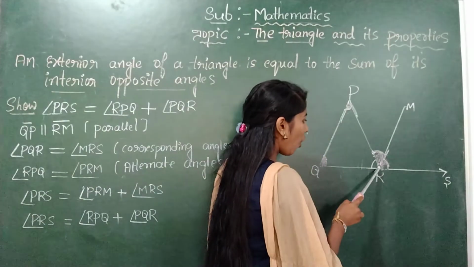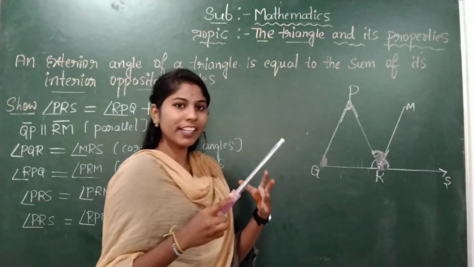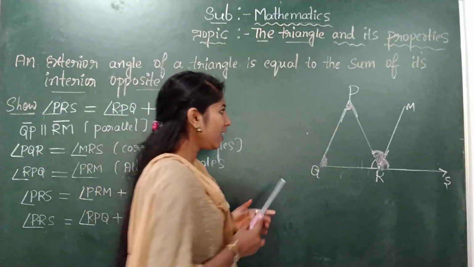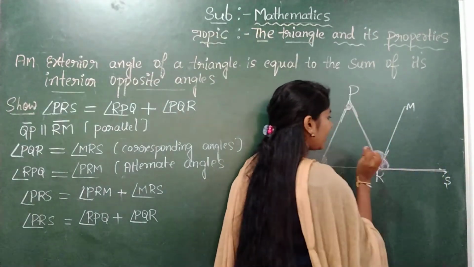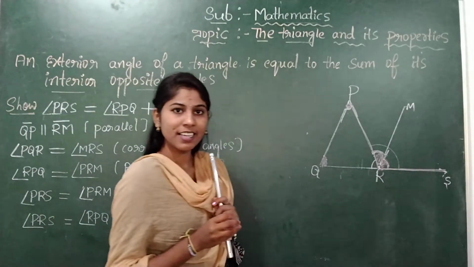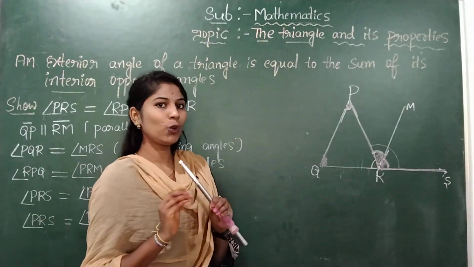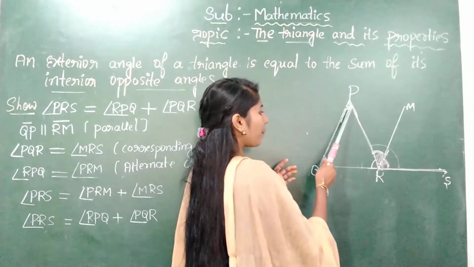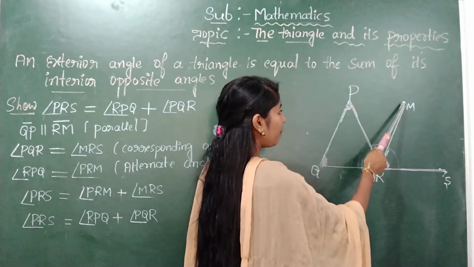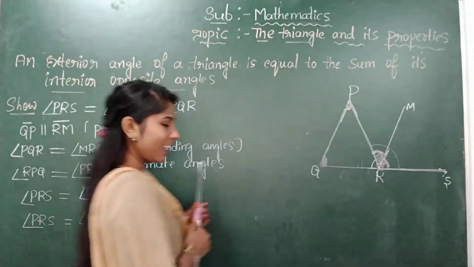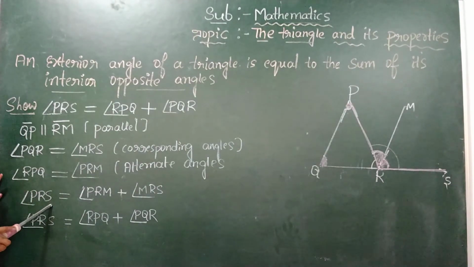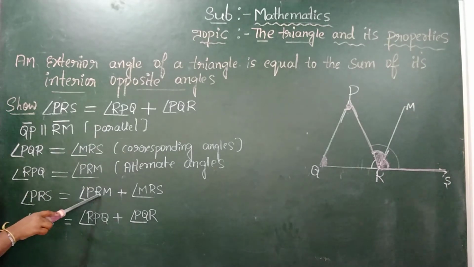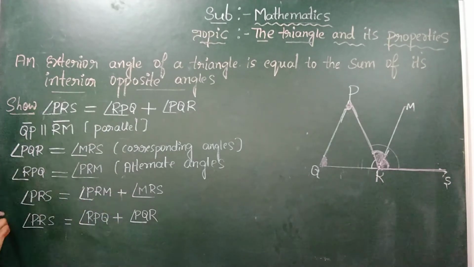This PRS angle is an exterior angle. The total angle PRS is made by two angles. Which are the angles? PRM and angle MRS. Exactly, right. So PRS is the external angle, made by the PRM angle and MRS angle.